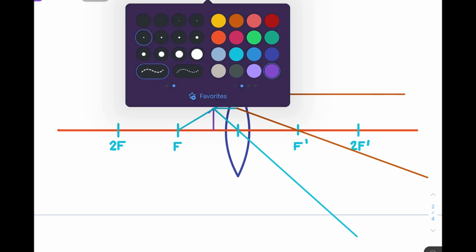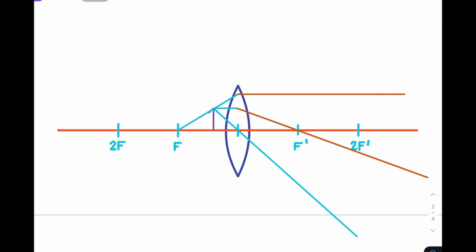Let's start with the one which is parallel with the principal axis. Then let's proceed to the one which is passing through the focus prime. And finally, let us have the opposite of the ray through the optical center.